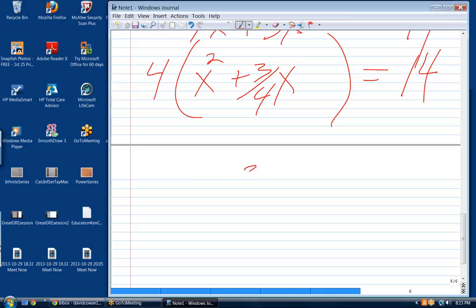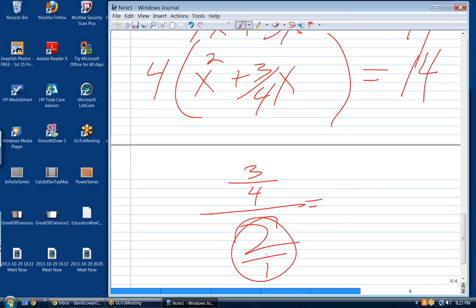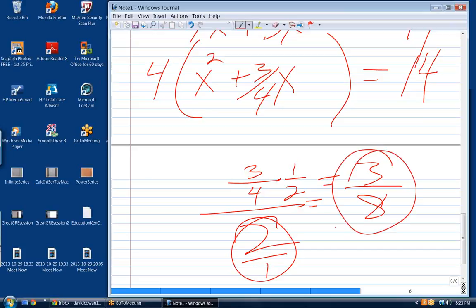What's 3/4 divided by 2? Put a 1 under the 2, flip that and multiply. You get 3/8. Okay, square 3/8. 9/64.